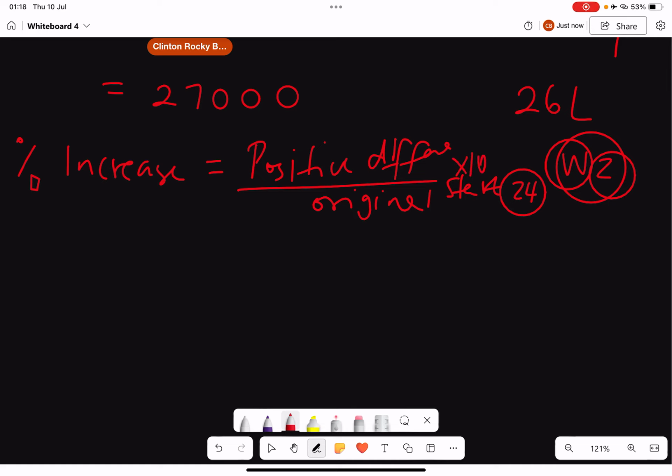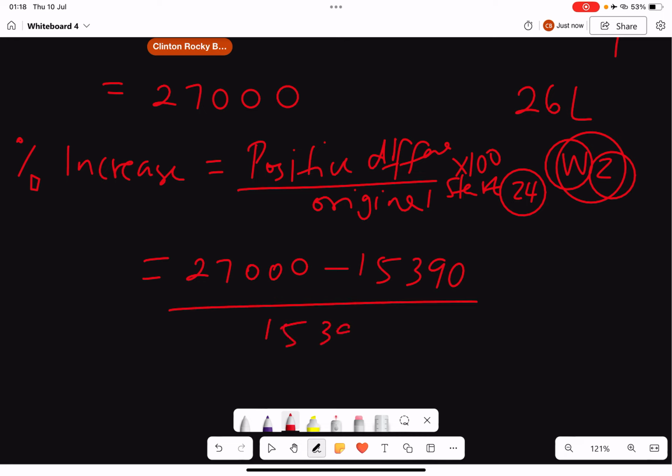So the positive difference will be 27,000 minus 15,390, over the original, which is 15,390, multiplied by 100. When we press that on our calculator, it should give us 75.44%. And that's it with this question, ladies and gentlemen.